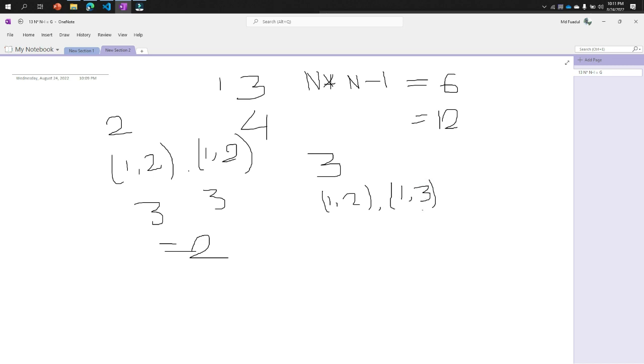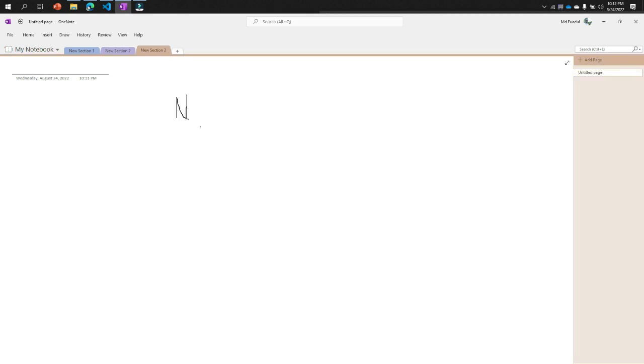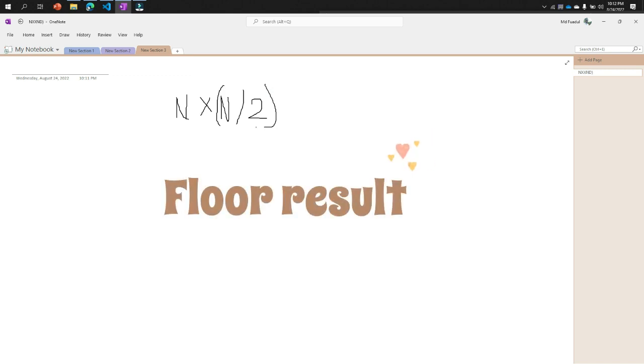So how can we find how many pairs have an odd sum? We have a mathematical calculation for this. The equation will be n into n divided by 2, and this n divided by 2 must be the floor result.